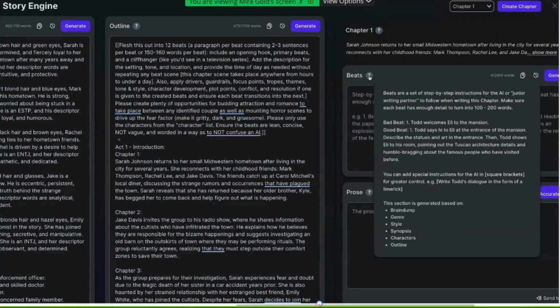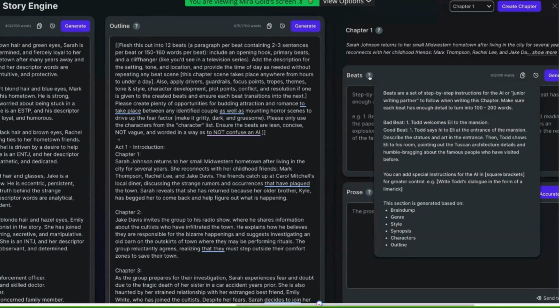It's going to pull from my synopsis, my characters, and my outline. So I better make sure that all of those components match what I want it to do. So if I am going to generate, say, chapter 4, I better make sure that all of those sections are going to feed chapter 4 with the right information.